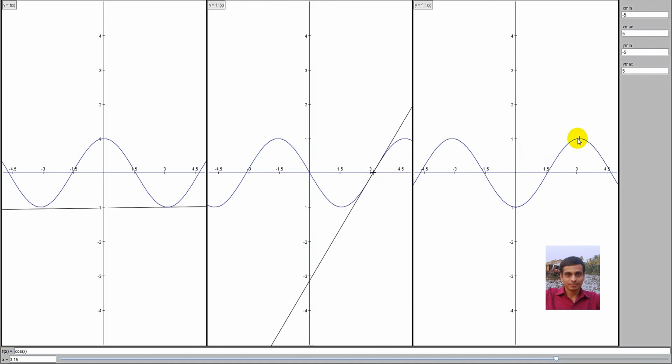The second derivative is positive here. So remember two things. At the point of maximum, the first derivative is 0 and the second derivative is negative, and at the point of minimum, the first derivative is 0 and the second derivative is positive. This is applicable for all differentiable functions.